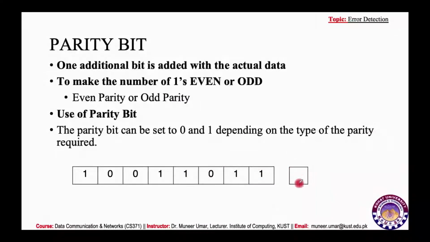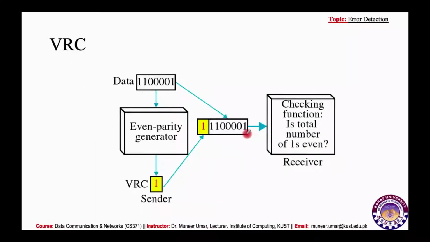Now here we have data, and this 1 bit is appended to the data to make the number of ones even, because we need even parity and the function used is an even parity generator. So this additional one is the VRC, and this block is the data.